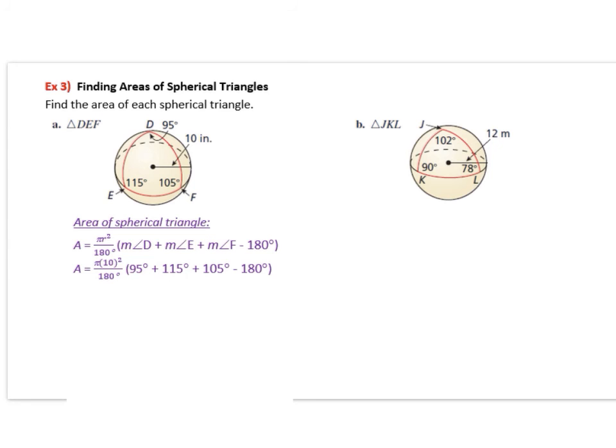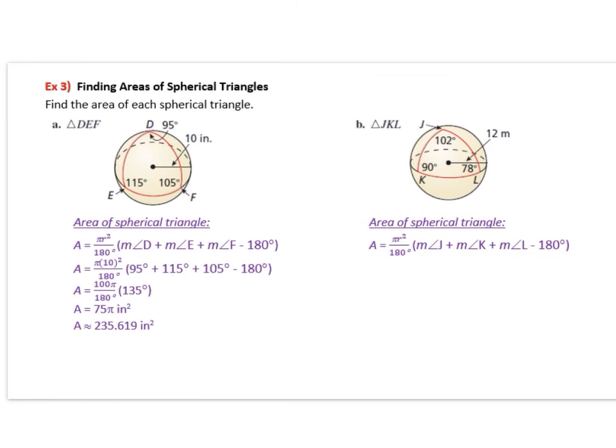Substitute the 95 for D, the 115 degrees for E, and the 105 degrees for F. Alright, and the sum of all of our angles minus 180 degrees is 135 degrees. So you have 100 pi divided by 180 times 135. That all simplifies down to 75 pi inches squared. Type that in the calculator, you get approximately 235.619 inches squared.